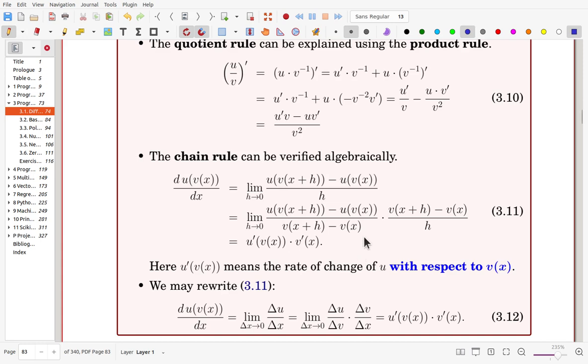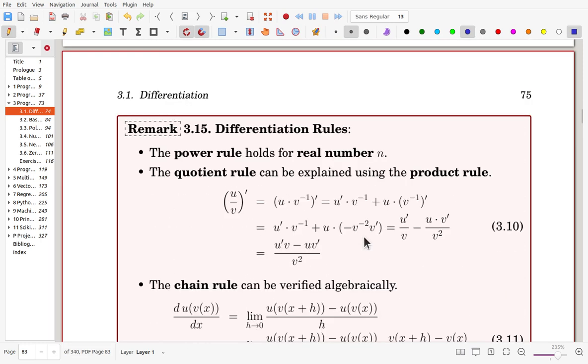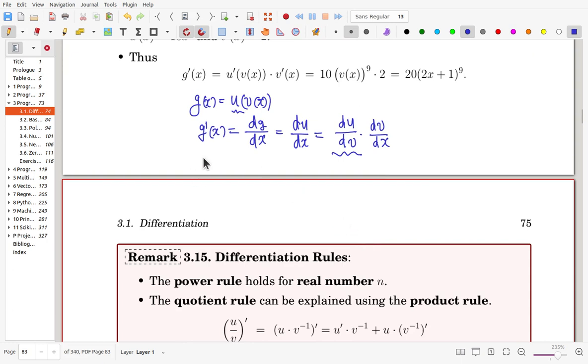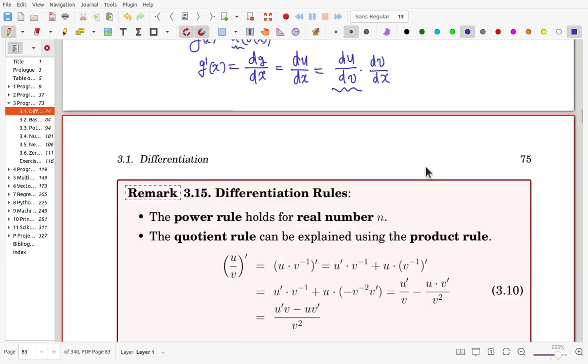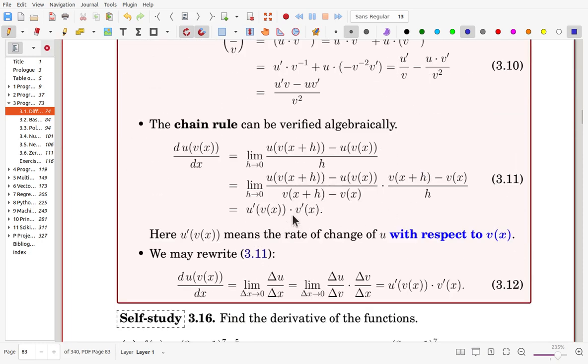So this algebraic manipulation is basically the same as that one. Just we deal with this derivative as a quotient, and then try to multiply dv on both sides, and then try to take the derivative in this one, that one separately, and multiply them, right? So exactly the same idea.